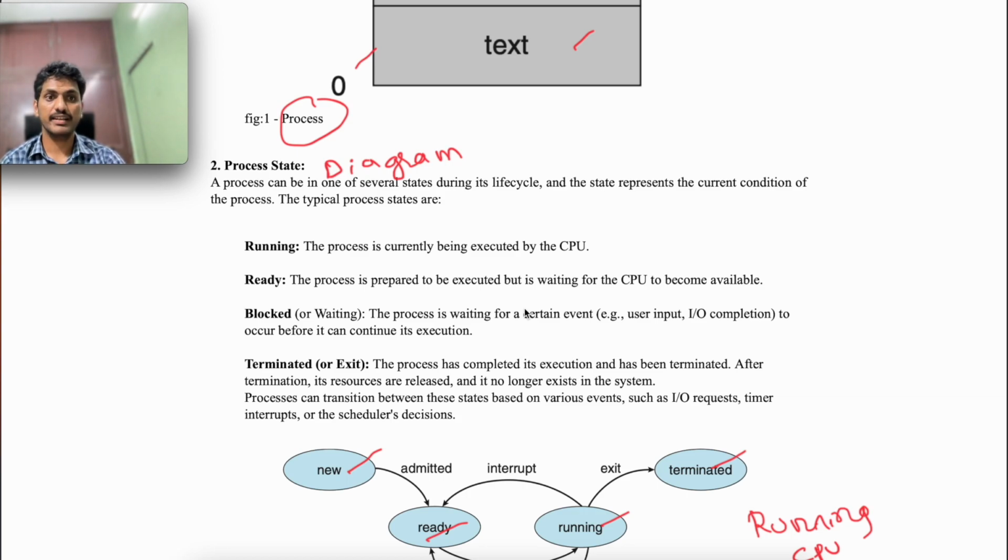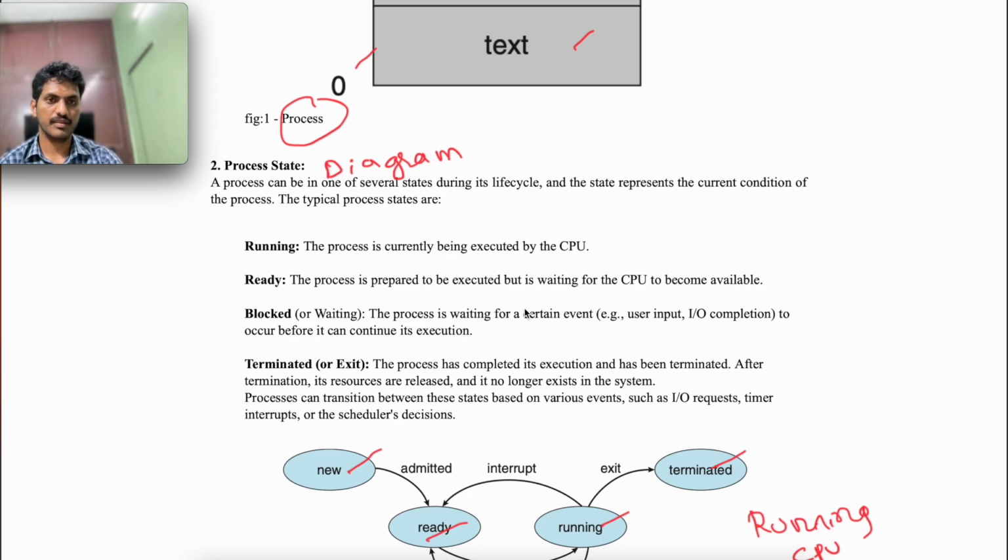If completed, then terminate that process. Otherwise, if there is some IO event, input output event, it goes to the waiting state. After completion of waiting, it comes again to the ready state, not directly to the running state.